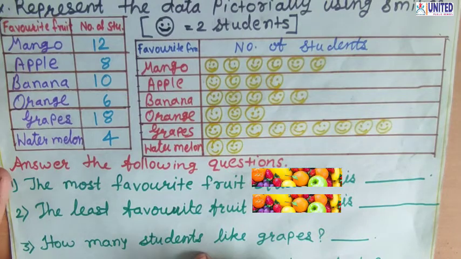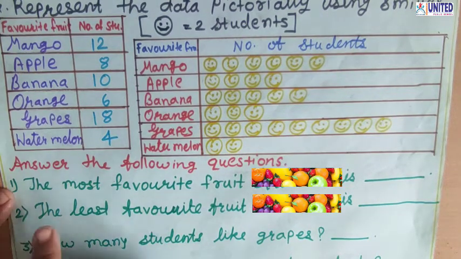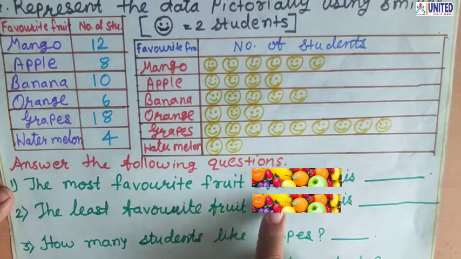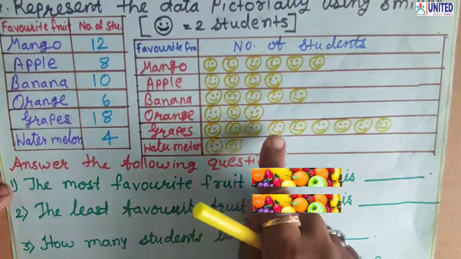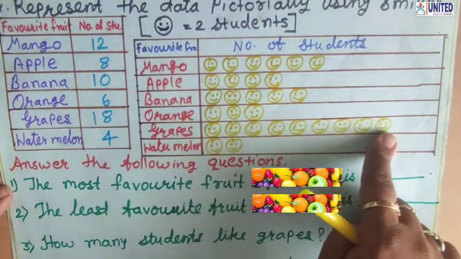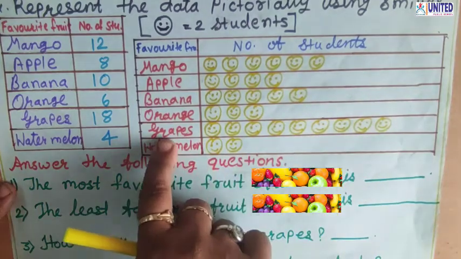Now let us answer some questions on that pictograph. Number 1. The most favorite fruit of students is? The one with the most smileys is the favorite one. So which fruit has the most smileys? Yes, grapes.